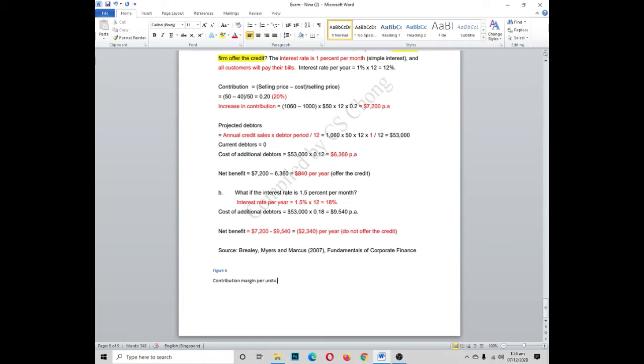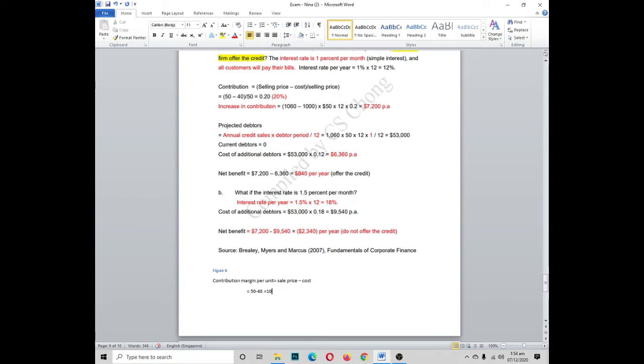Contribution margin per unit is equal to sale price less cost. Sale price is $50 given in the question, cost is $40, so it equals $10 per unit contribution margin.